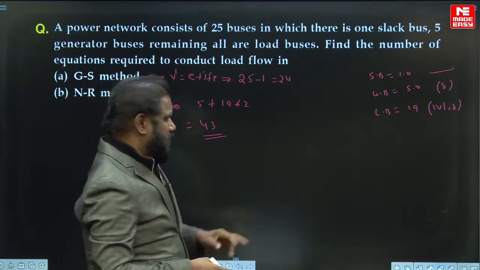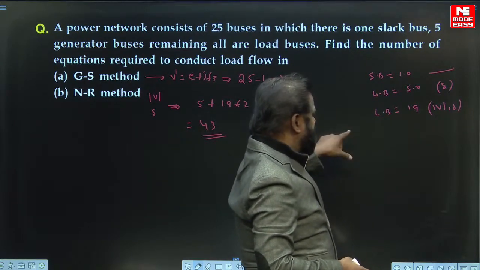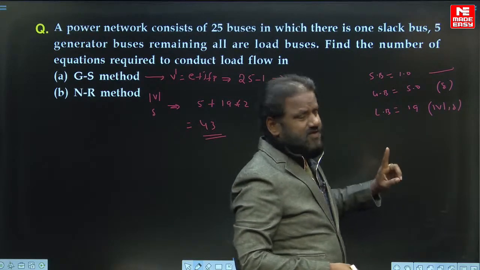Whether it is a load bus or generator bus, definitely you have to put one equation for the Gauss-Seidel method.